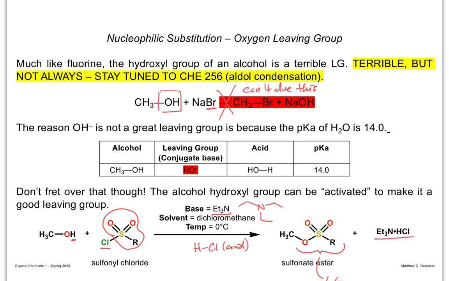So that's a byproduct salt. So N, N is plus, Cl minus, or written another way. So once you have a sulfonate ester, that's now a good leaving group. You can do substitutions on it.